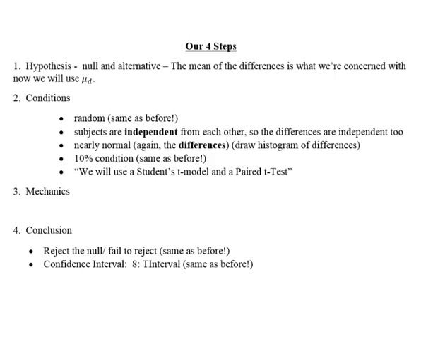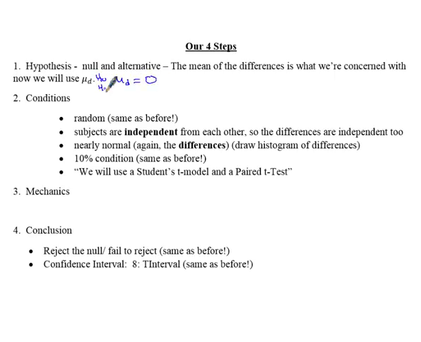So our 4 steps: hypothesis, condition, mechanics, conclusion. What's changing? In our hypothesis with the null and the alternative, instead of just saying mu, or mu1 minus mu2, we now have to say mu sub d. You do have to specify what mu sub d is.